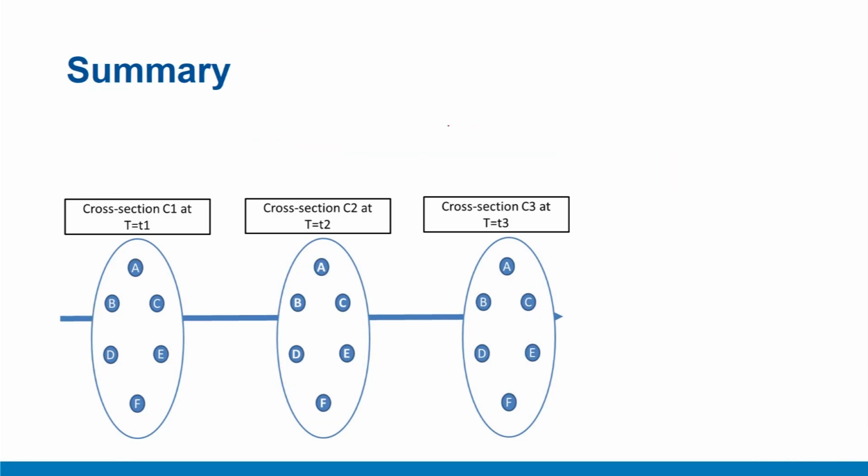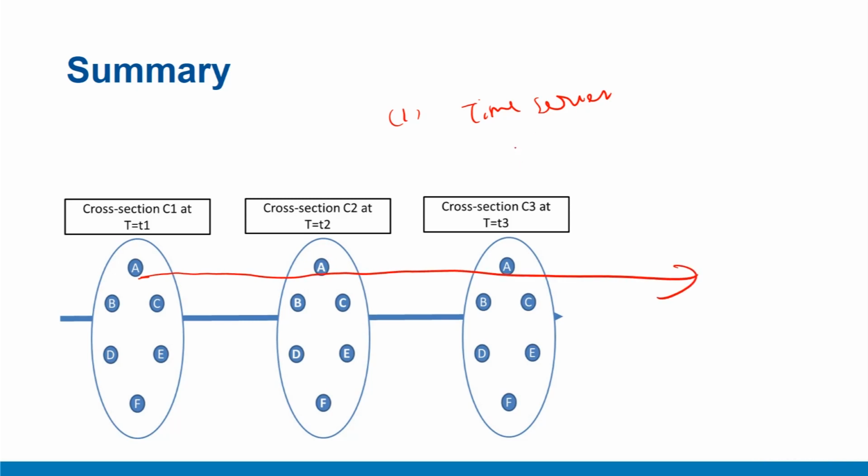To summarize this video, we discussed three types of data. First, time series data, where we collected information about an individual unit over a given time series. Next, we discussed cross-sectional data, where we collected and analyzed data about multiple individuals or units like A, B, C, D, E, F over a particular cross section of time.